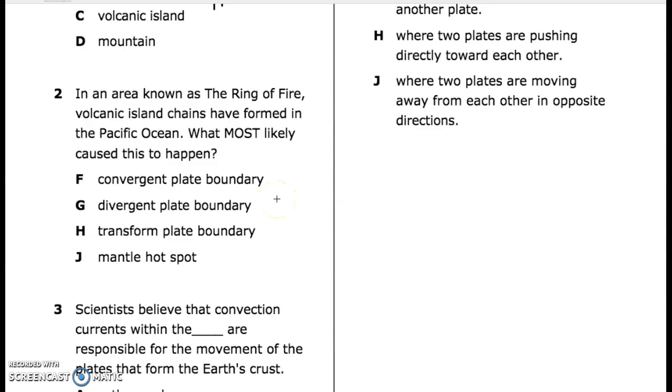So remember, the Atlantic Ocean is expanding, the Pacific Ocean is getting smaller, and that's because the North American Plate, the South American Plate, the Eurasian Plate, the Australian Plate, they're all sliding on top of the Pacific Ocean Plate, making it smaller. So the Pacific Ocean Plate is going under, and the continental plates are going over, which makes a subduction type boundary, which is also known as a convergent boundary. So they're converging, they're colliding.